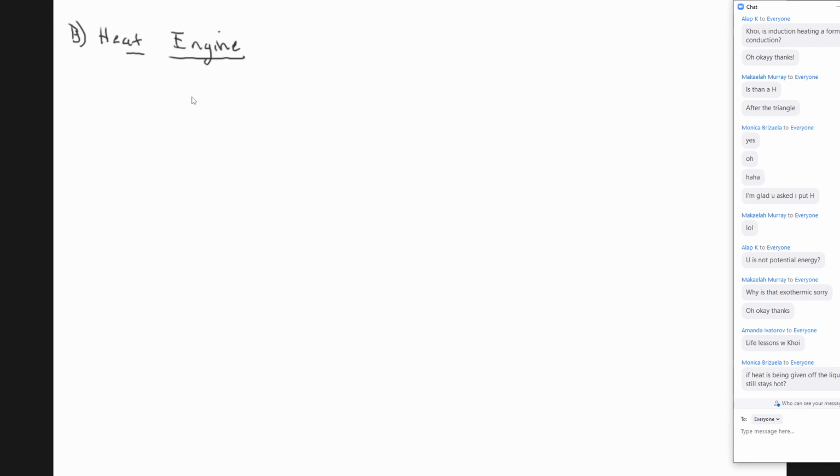And with the heat engine, this is your typical steam engine. And as advanced as most things are, nuclear power plants operate the same way, except the heating element that we use just changes, right? All we're doing is putting heat in and getting work out of our system.